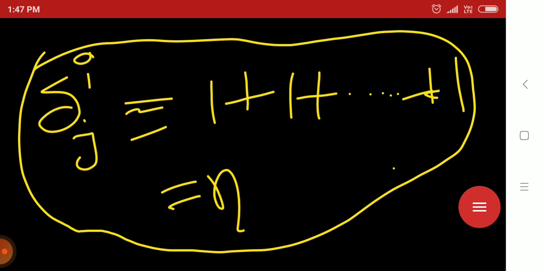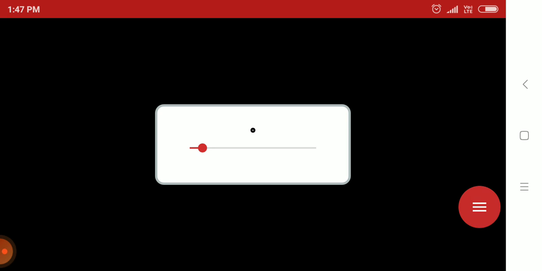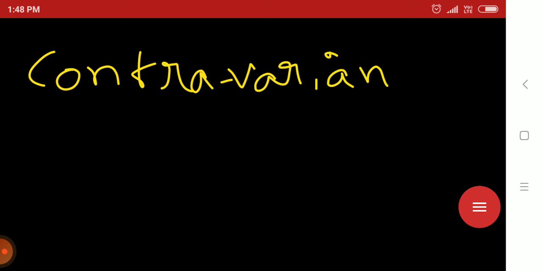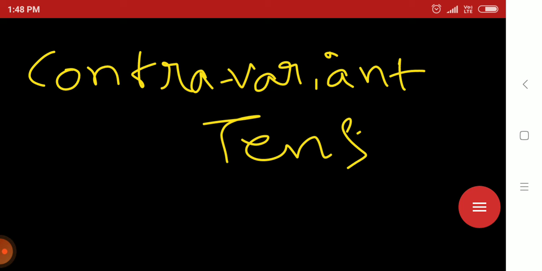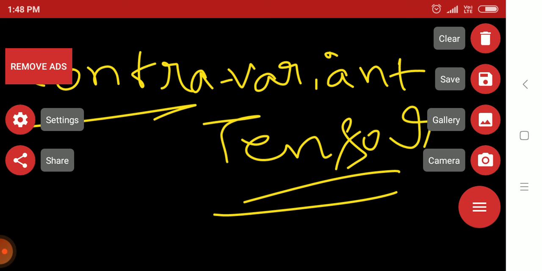Now I am entering into the contravariant tensor. So what is a contravariant tensor? Let's discuss contravariant tensor. If the components of a tensor transform, I am writing it mathematically.